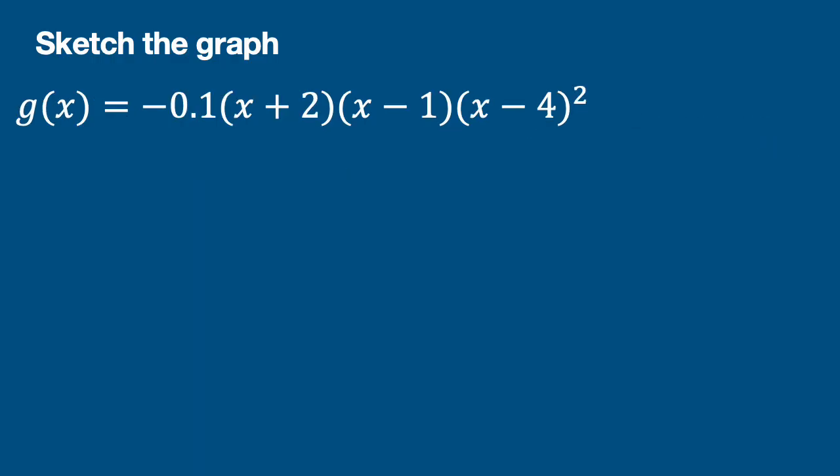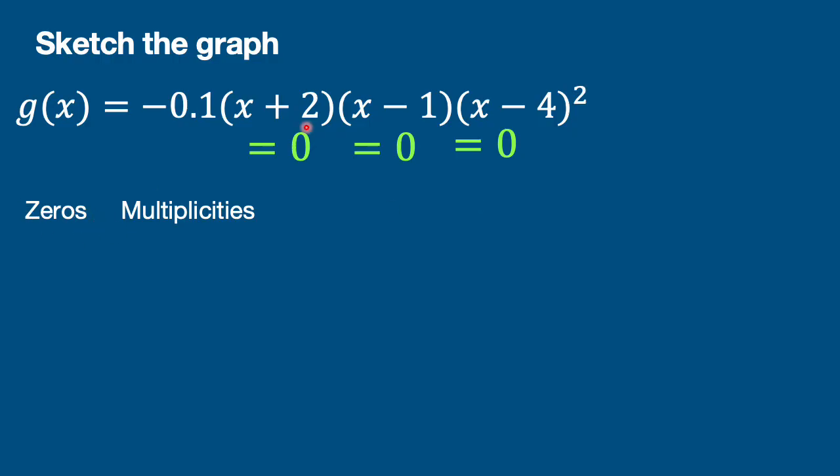Let's sketch the graph of this function. We found the y-intercept and the behavior. Now we need to find the zeros and multiplicity. How can we find the zeros, guys? You put g of x equals 0, which means each factor is going to be 0. So x plus 2 equals 0, x minus 1 equals 0, x minus 4 squared equals 0, right?